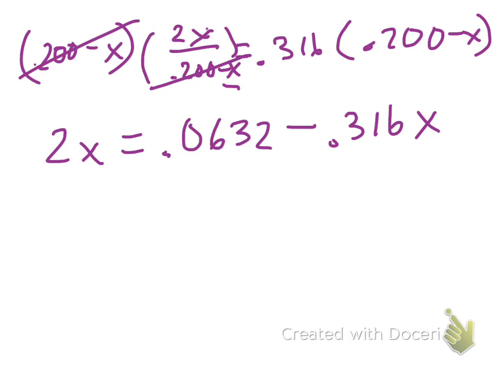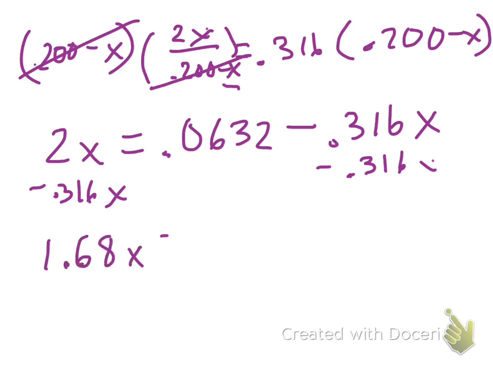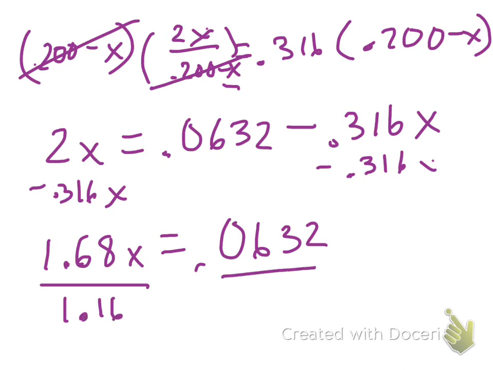So let's put both x's on the same side. We're going to add 0.316x, and so we get 2.316x equals 0.0632. So we need x alone, so we'll divide by 2.316.